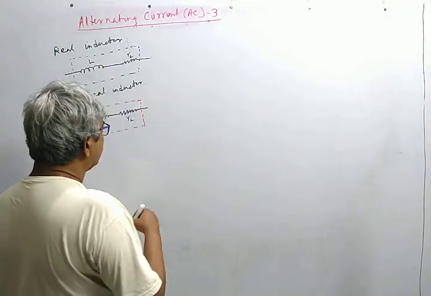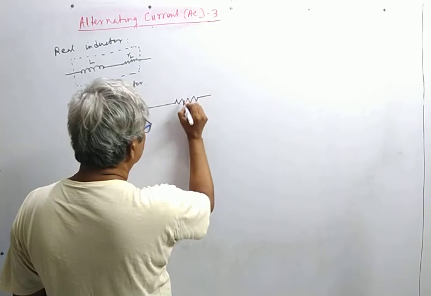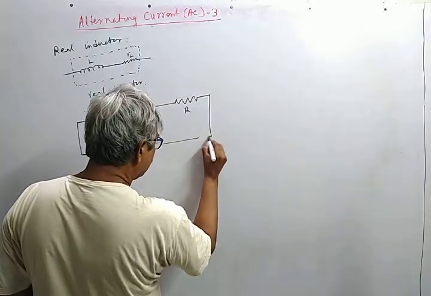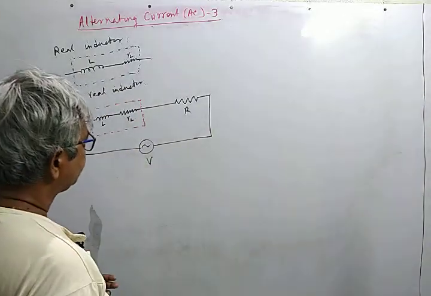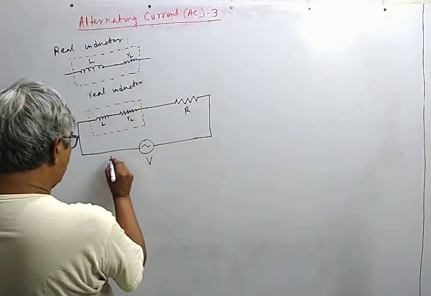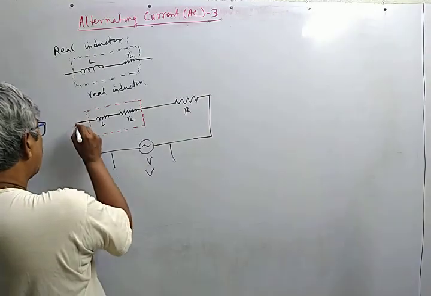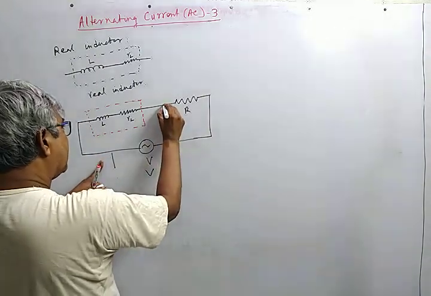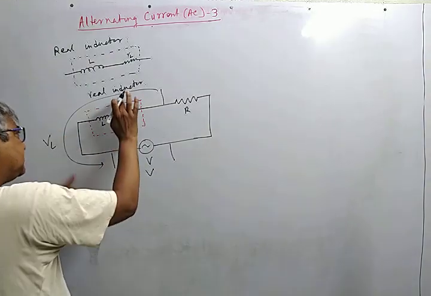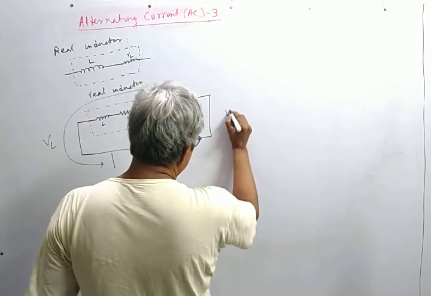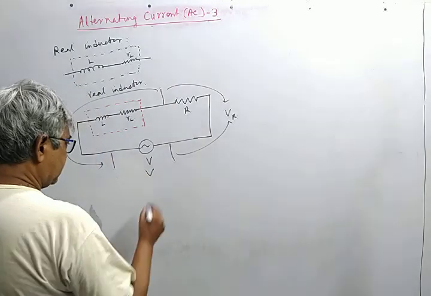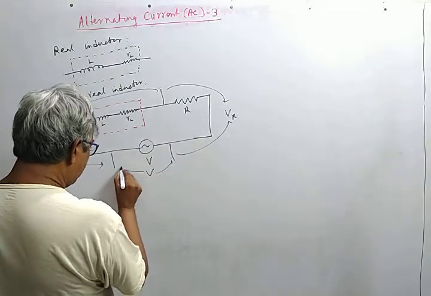The circuit is completed by an external resistor R, and this series combination is fed by an AC voltage V. We take an RMS meter, and if we connect the meter between these two points, it will give you the input voltage V. Across the inductor it gives VL, and across the resistor it gives VR, the RMS voltage across the resistor.